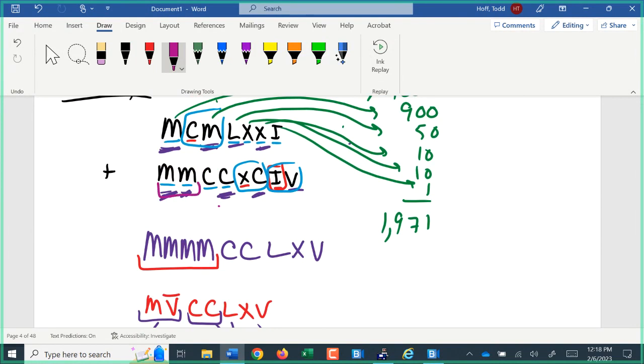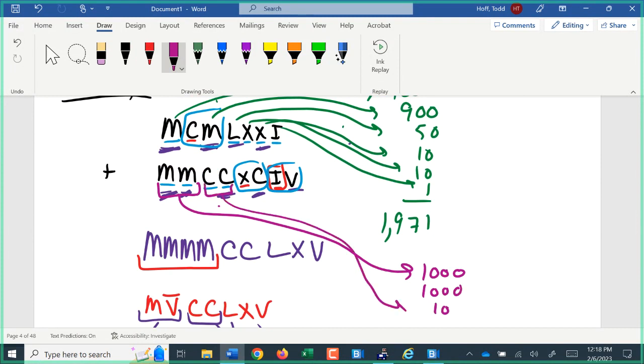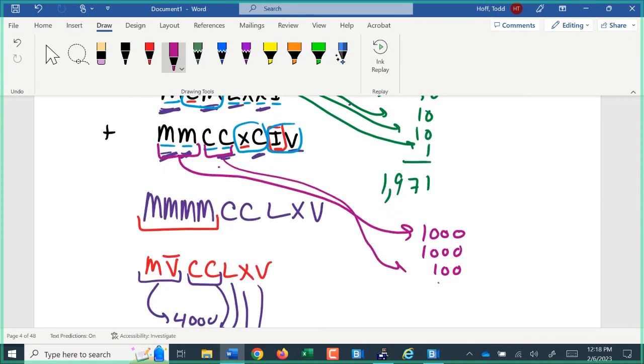This one here, this is 1,000 and 1,000. 100 and 100. Now the XC, that's 10 from 100, or 90. And IV is 1 from 5, or 4.